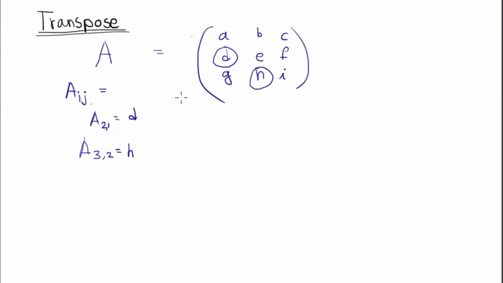I wanted to introduce you to this because of the formal definition for a transpose. I'm not going to prove it or anything like that, but basically it is a_ij, and then we denote the transpose with a T like an exponent, and that is equal to a_ji.